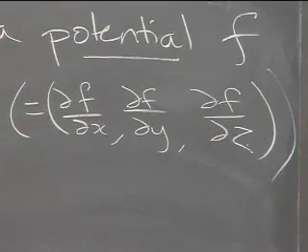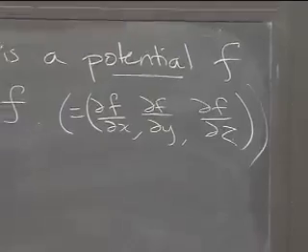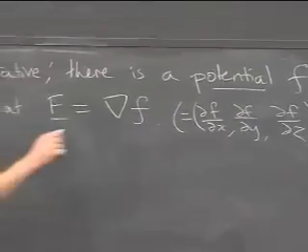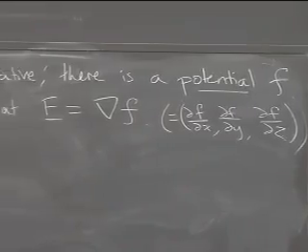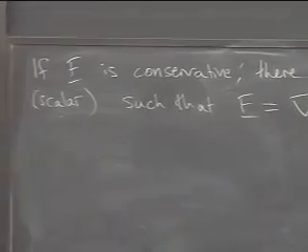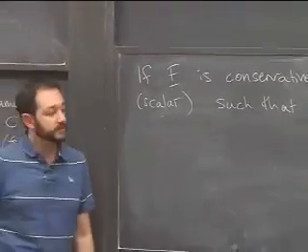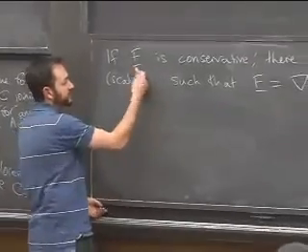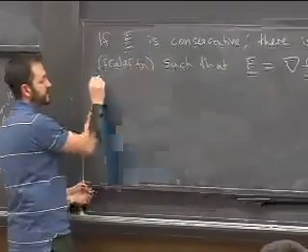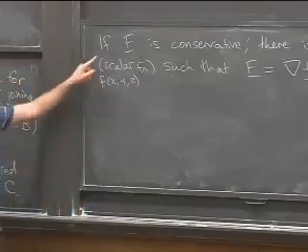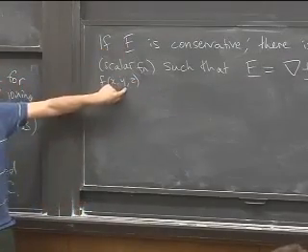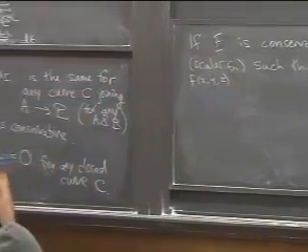So there's a sort of antiderivative, but it's a complicated antiderivative. You should think of this potential little f as an antiderivative for capital F. Because f is a scalar, how are you taking derivatives of it according to x, y, and z? Well, when I say it's a scalar function, maybe I should have written f of x, y, z, as opposed to capital F of x, y, z, which gives you a vector for every point.